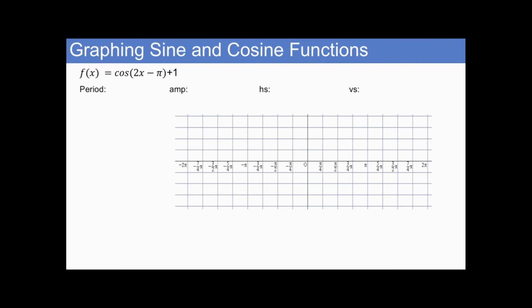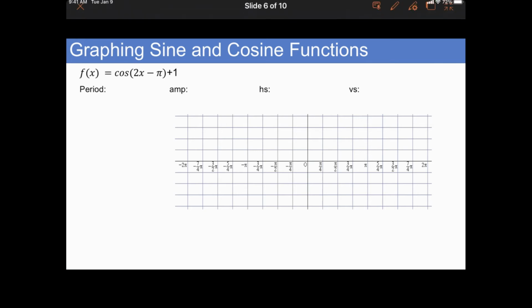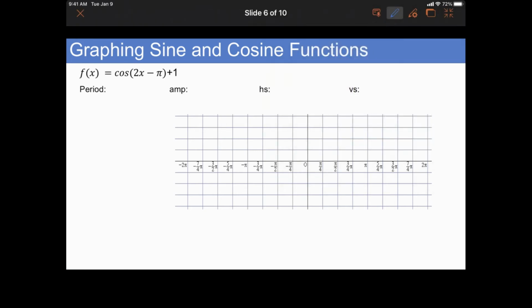All right. So let's try this one. Now, is this in factored form? It is not. So we're going to rewrite it in factored form. So I'm going to factor out the 2. So what's the reciprocal of 2?